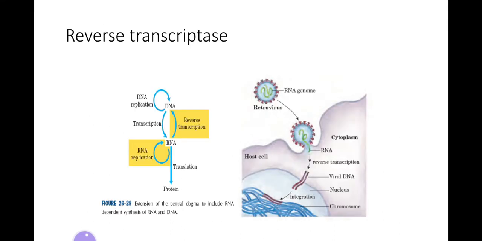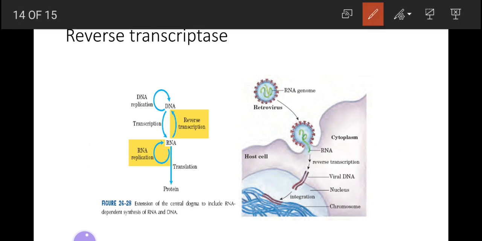The same enzyme, reverse transcriptase, as seen with telomerase, is used by some retroviruses. Reverse transcriptase is involved in the replication of retroviruses, for example HIV. These viruses carry their genome in the form of single-stranded RNA.